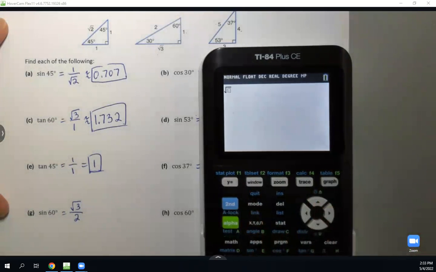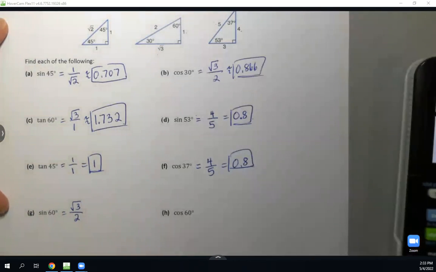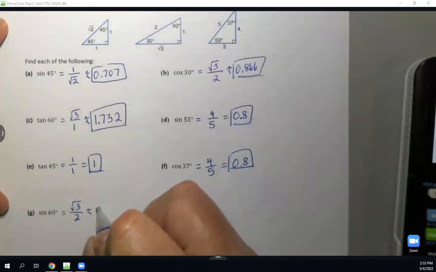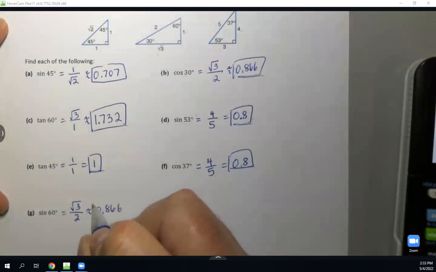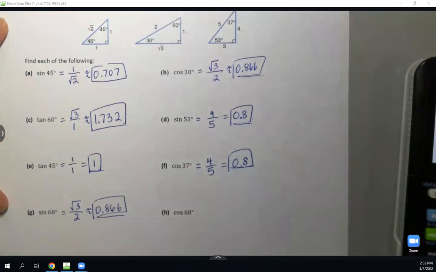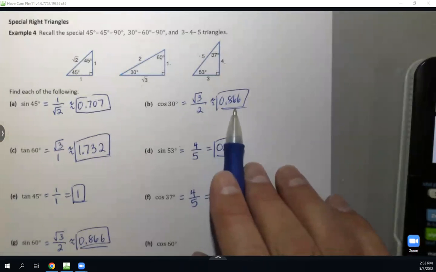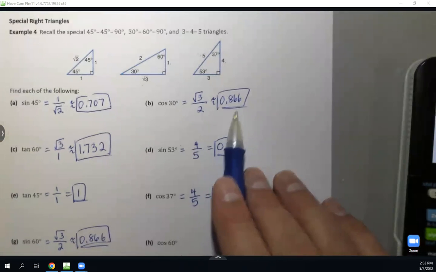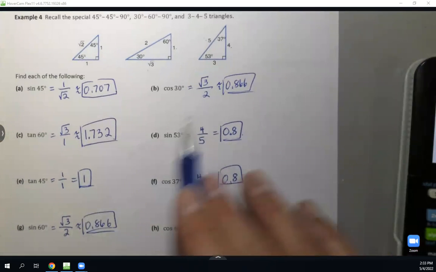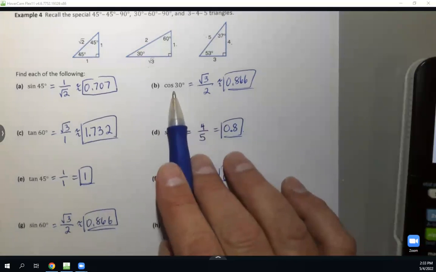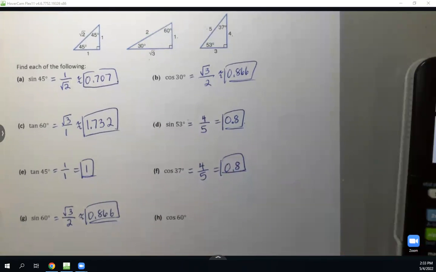So if I do the square root of 3 divided by 2, that is 0.866. And again, notice that's the same thing we got up here for the cosine of 30. So 30 and 60 are complements. So the cosine of 30 and the sine of 60 equals the same thing.